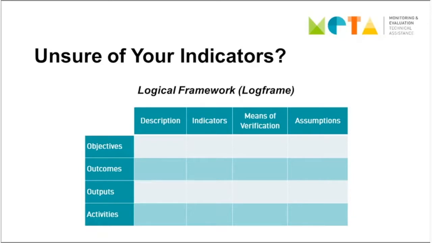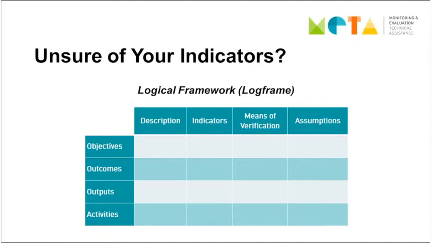So another thing I wanted to briefly touch on here, for mapping these things out, both the objectives, the outcomes, the outputs, as well as the indicators you're going to use to measure them, and then going a step further and listing the means of verification or the source of that data, is a log frame, right? This is a tool that you can use to make all of those things very clear and something you can reference throughout the project.